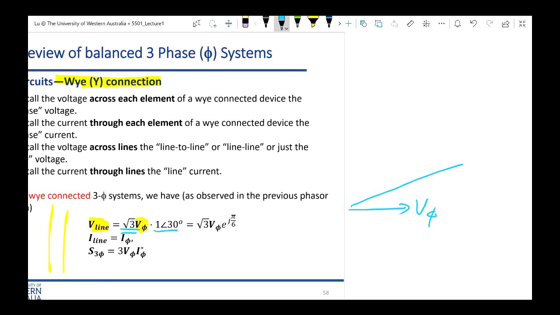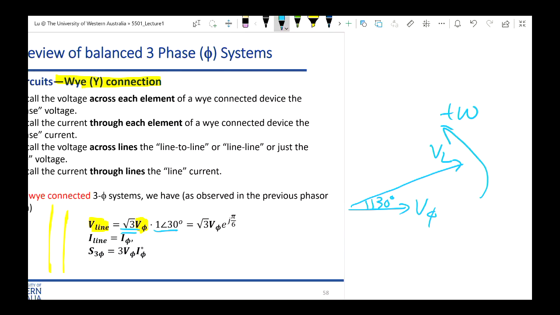Why do we draw this direction pointing up? Because in the complex plane, counterclockwise is the positive rotation direction. However, when I write on my tablet, did you see the blink of this screen? Okay, my screen is blinking anyway. So the counterclockwise direction is positive. So this leading means for this line voltage, its angle is 30 degrees greater than the angle of the phase voltage.